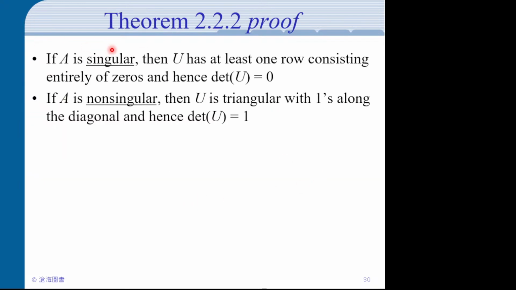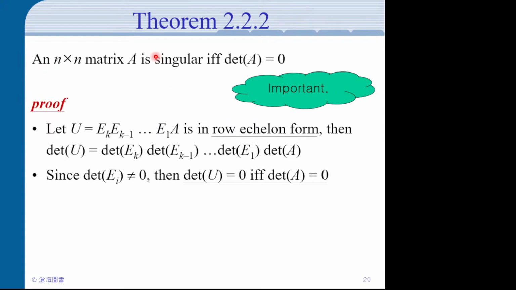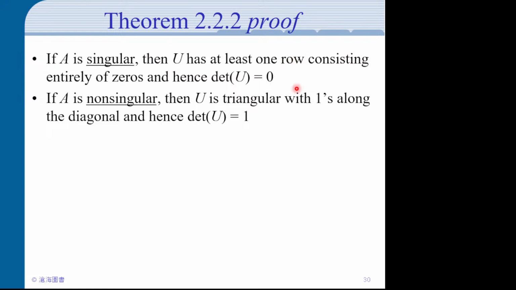So if A is singular, then we think about its row echelon form. Then it must contain a row of all zeros to make some free variable. Here we are using that A is n by n. Maybe let's draw something. If A is singular, then you want some free variable, so there is some variable that got skipped.